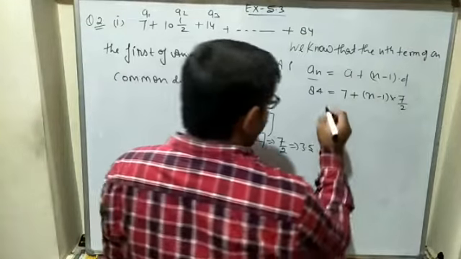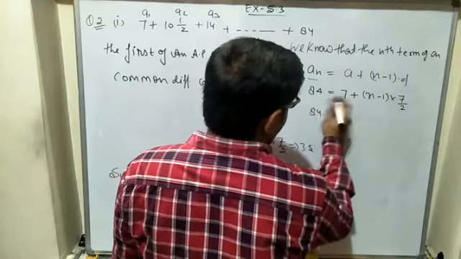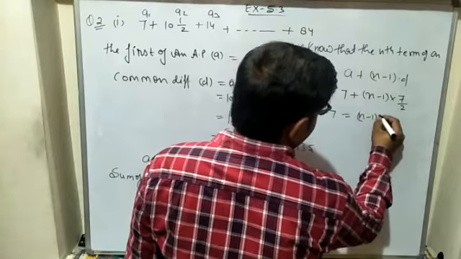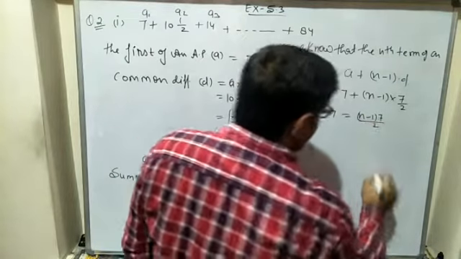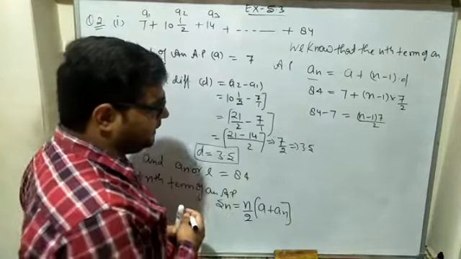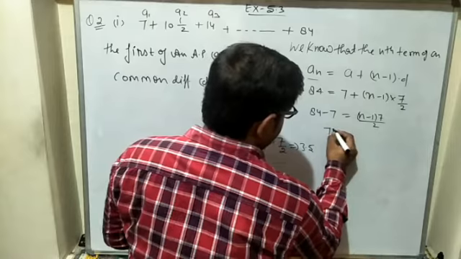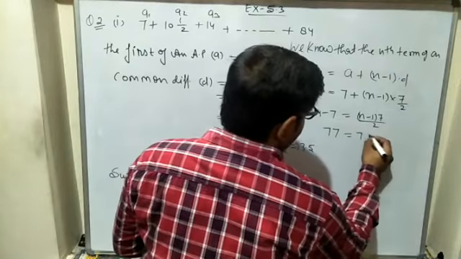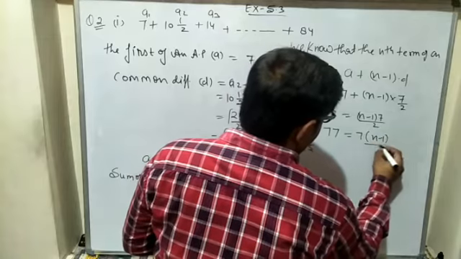So 84, we can subtract 7, so it will be (n minus 1) into 7 upon 2. When we subtract 7, we get 77, which is equal to 7 into (n minus 1) upon 2.